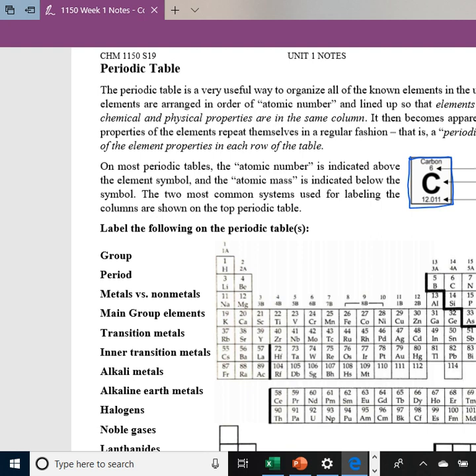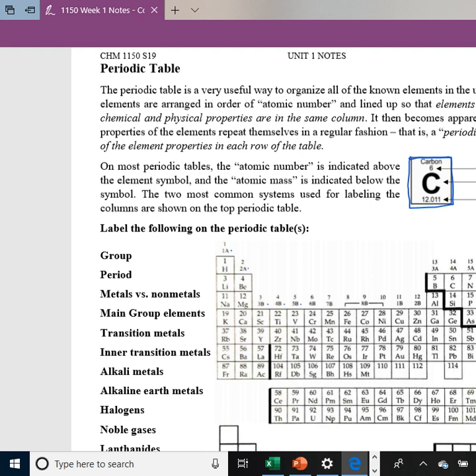The 2 most common systems used for labeling the columns are shown at the top of the periodic table. Most commonly, especially in chemistry and physics textbooks, you'll see 1A, 2A, 3B, 4B, 5B, that classification system.